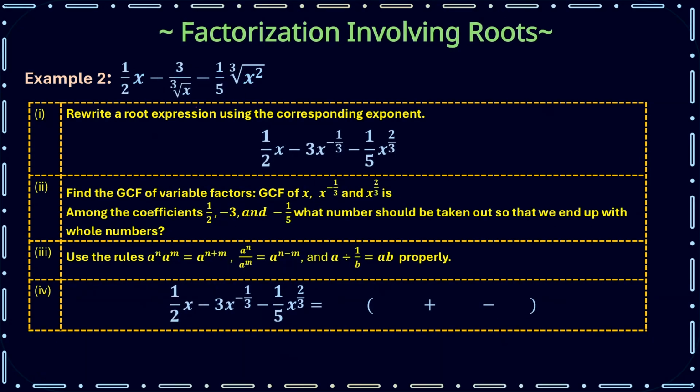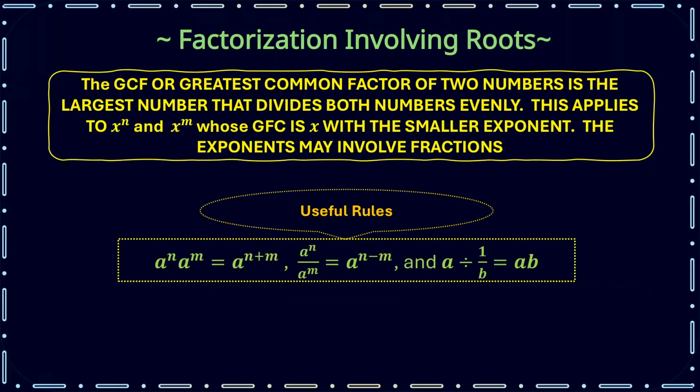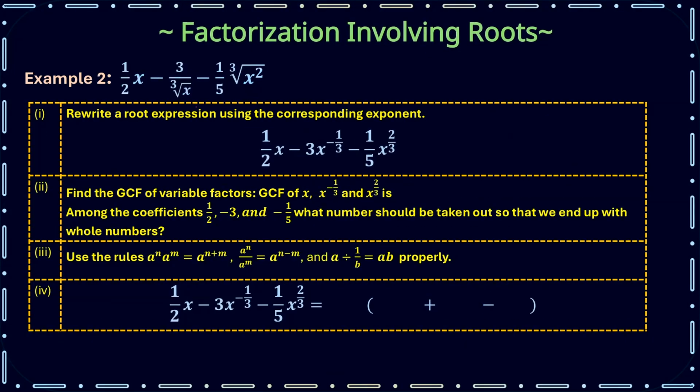So again, a non-polynomial. Step 1, we write every root in exponential form. Here we have a 1/2 x, which does not involve a root. We have 3 divided by the cube root of x. There should be a property for when the variable part is in the denominator, which I don't have here.